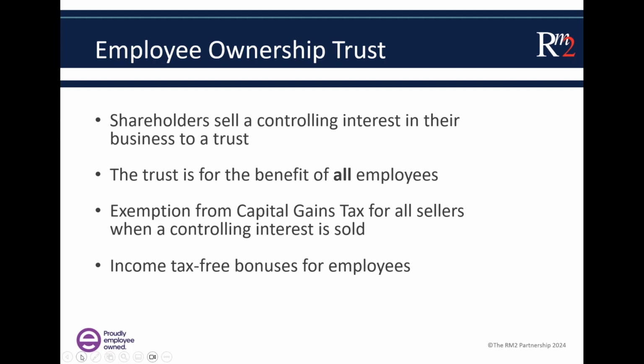It was set up by legislation because the government thinks employee ownership is a good idea: if employees own their business, they get more engaged, they work harder, and it increases productivity across the economy as a whole. It's a good thing, and the evidence since 2014 is that businesses that become employee-owned do increase their productivity and engagement in general.